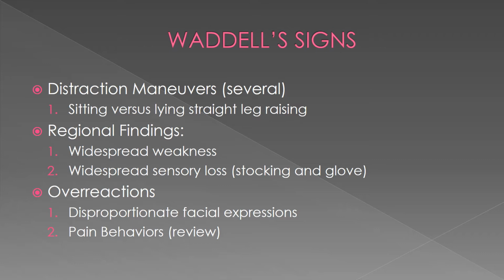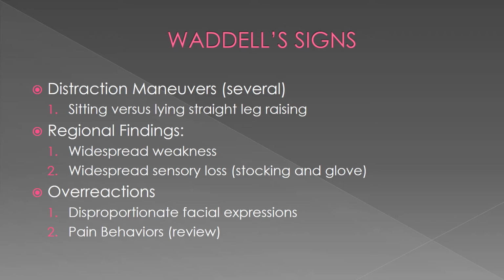So, for example, an examinee with a bona fide L5 radiculopathy, we would expect them to have a very specific and localized sensory loss to the great toe and the dorsum of the foot in the distribution of the L5 nerve root. Well, an examinee who reports widespread sensory loss, for example, numbness of the entirety of the lower leg and the foot, it's an anatomically inconsistent finding.